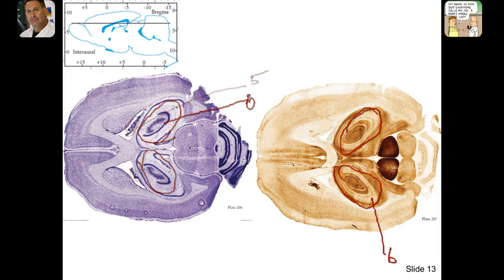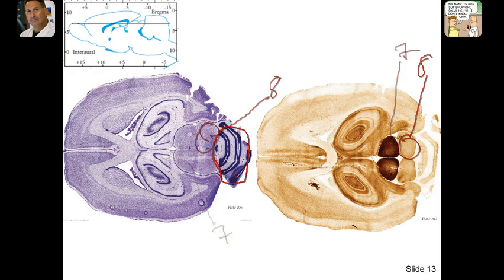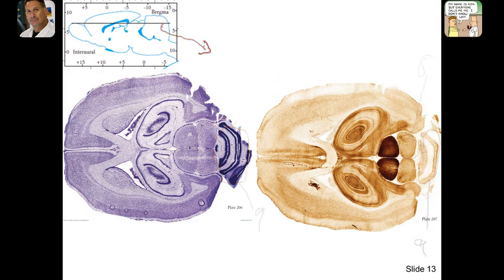We have superior colliculus and the inferior colliculus. And this is the cerebellum. This is a fairly dorsal horizontal section.